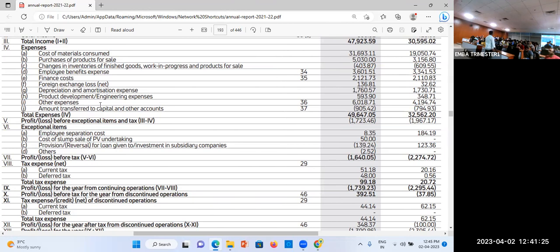Is it clear? So we don't have to include this exceptional items and all in this semester, or we have to do it? If the company has any exceptional item, we'll discuss next class, but not in general. So we write profit and loss only. So we have to include till 5th, profit or loss before exceptional item and tax?